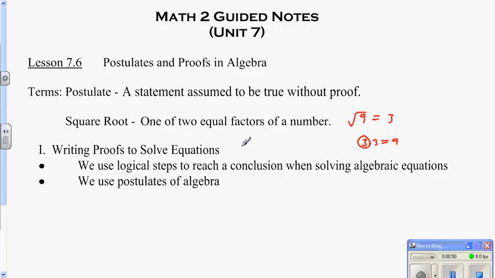Writing proofs to solve equations. Now we've done this. We've solved equations many times, so today is no different. It's just that we are going to be asked to give reasons.